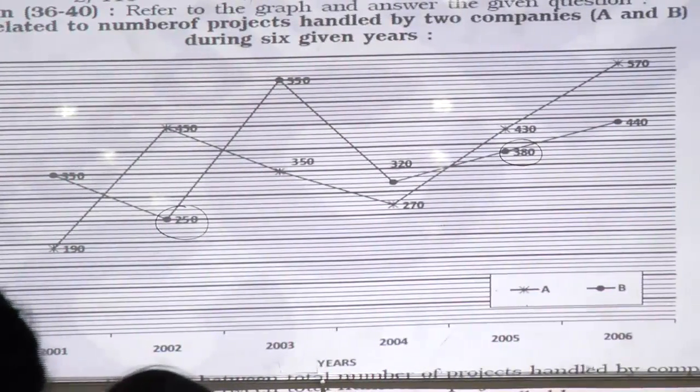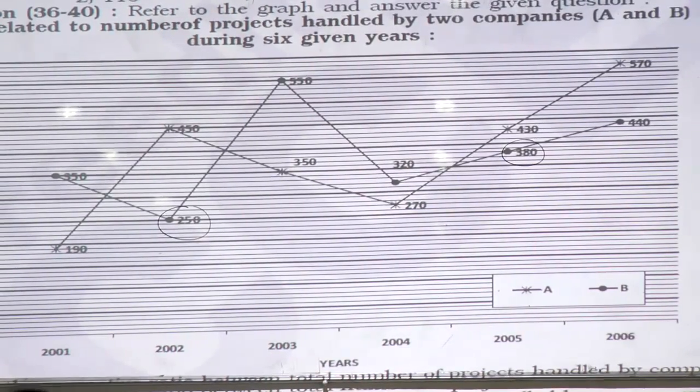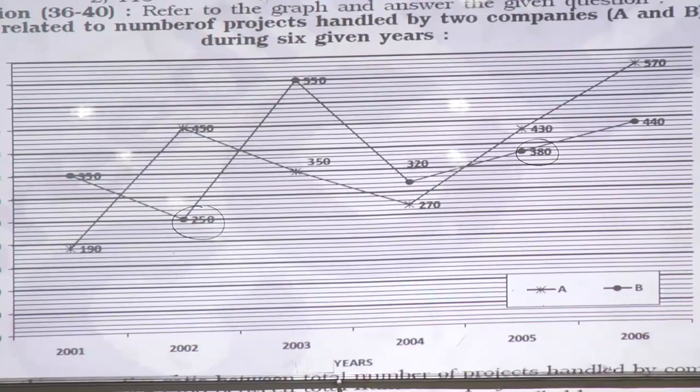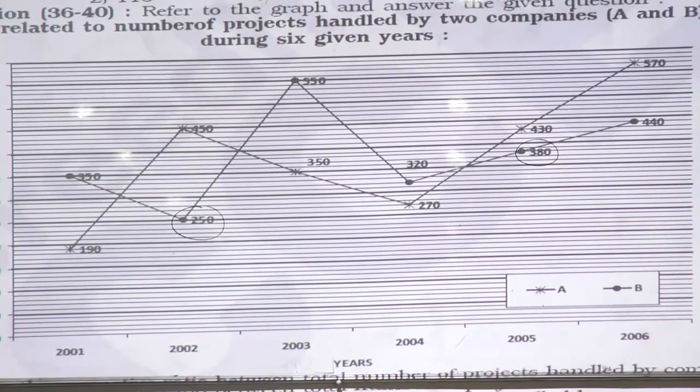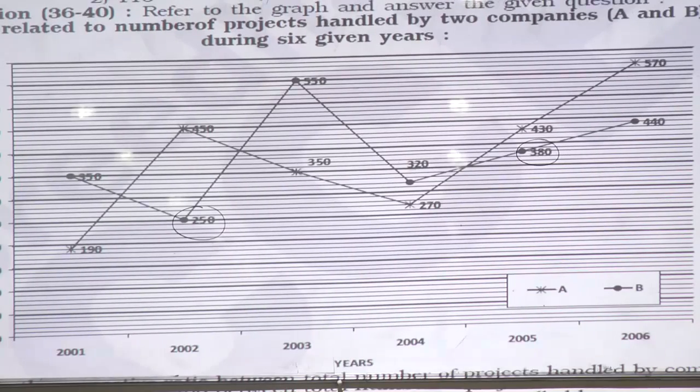39. If the number of projects handled by company B in 2007 is 60% of the total number of projects handled by the same company in 2004, 5, 6 together, what was the total number of projects handled by company B in 2007?